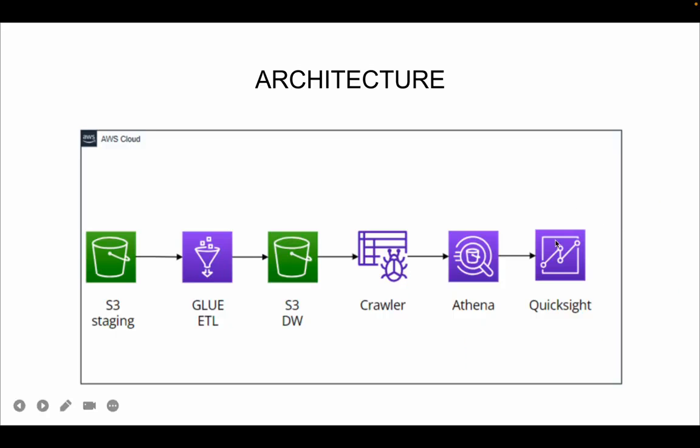Now, in this video, we'll see how business analyst people can make use of AWS QuickSight to create visualization out of the data that is present in S3. This is not a data visualization course, hence we will not be going too much deep into data visualization. I will just tell how we can connect QuickSight and make use of Athena-like query to create a visualization.